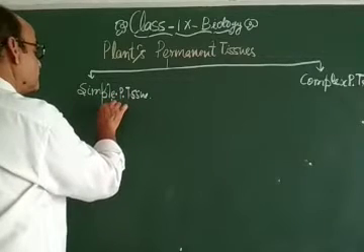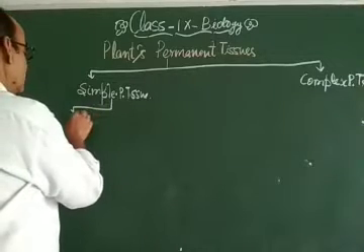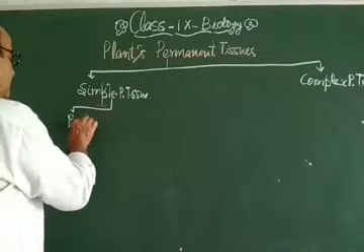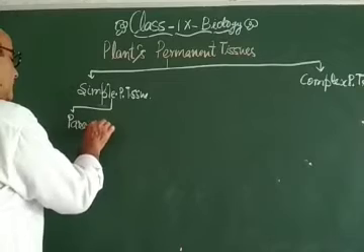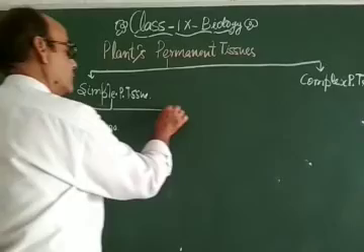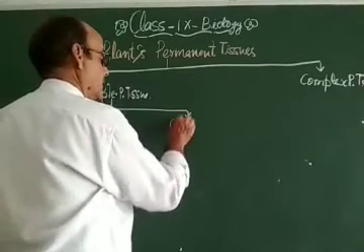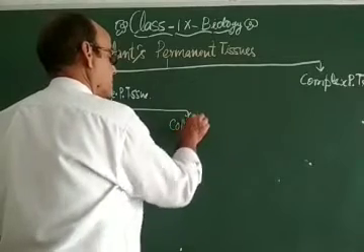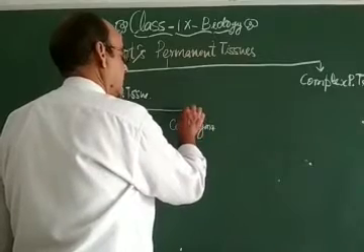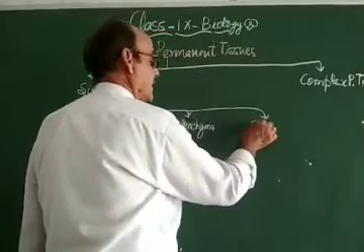This simple permanent tissue is of three types. Number one, parenchyma. Number two, collenchyma. And number three, sclerenchyma.